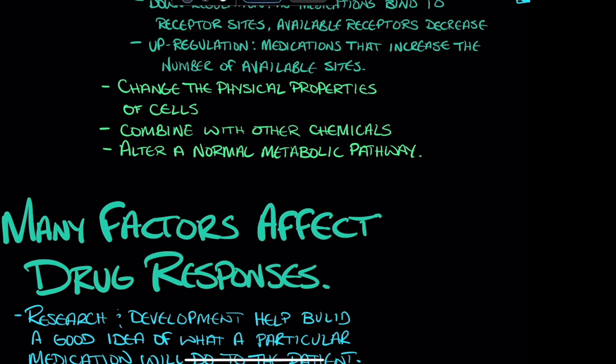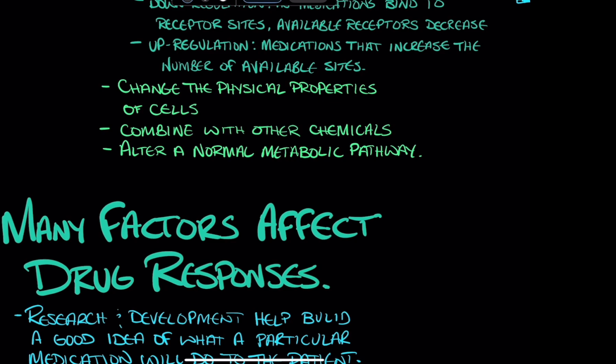Other medications will combine with other chemicals, which usually takes a function in some kind of enzymatic pathway. So it'll take the place of something else that might be missing in the body. And then the final one will be to alter a normal metabolic pathway.